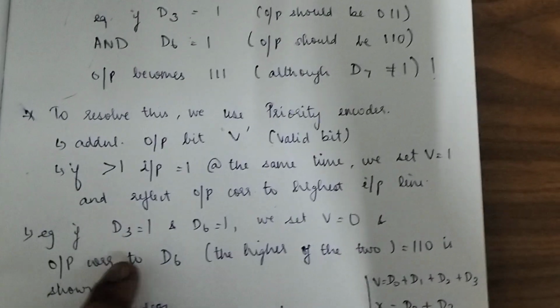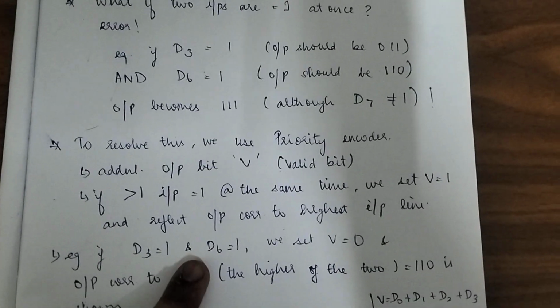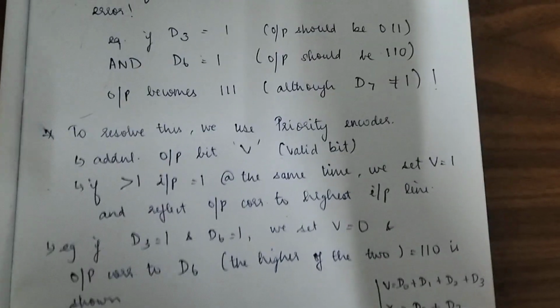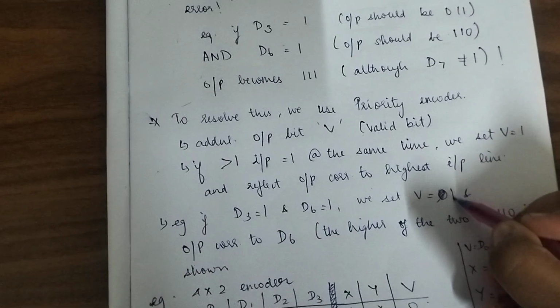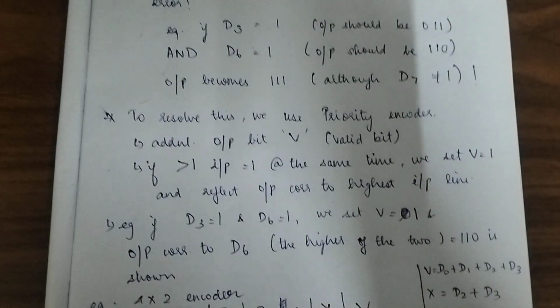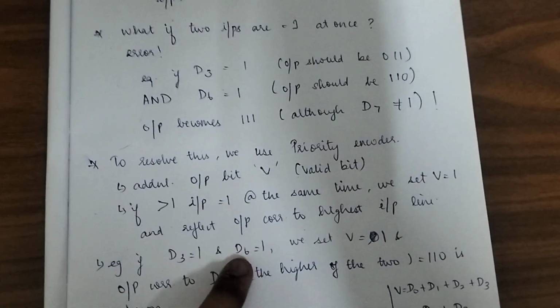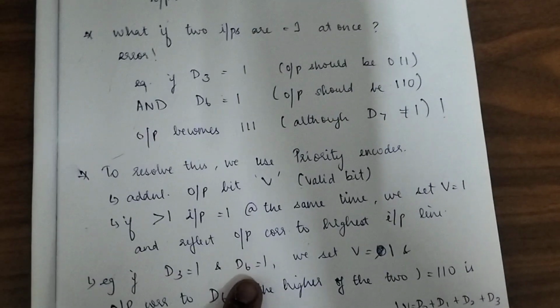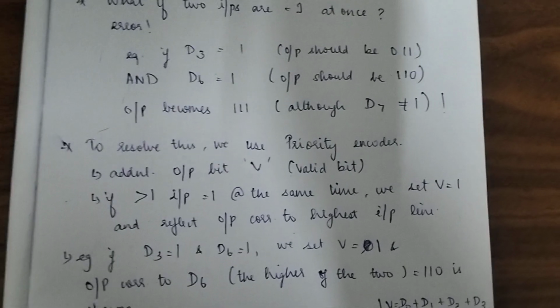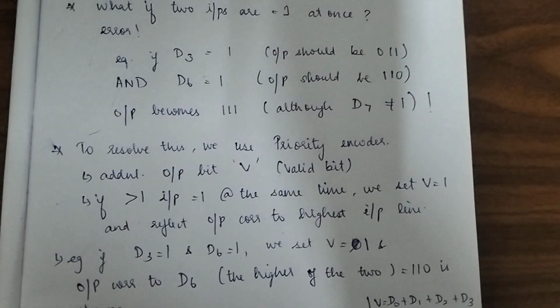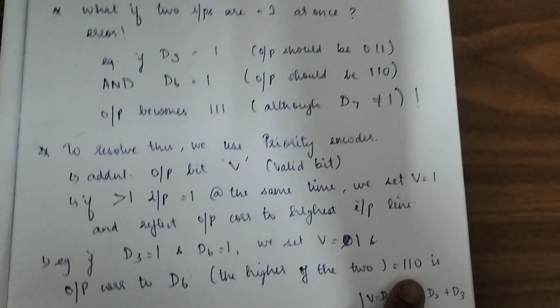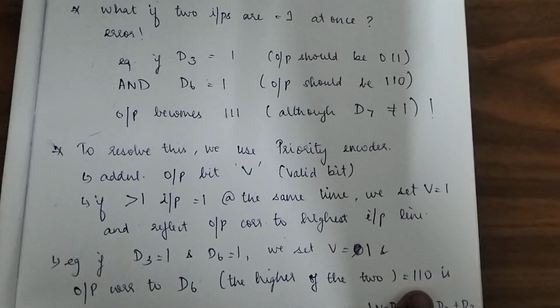Let's say like we saw earlier, D3 and D6 are both equal to 1. Then we set V equals 1, and then which of the 2 is higher? Between 3 and 6, we know 6 is higher. So we ignore the fact that D3 is high and we consider D6 and reflect the output corresponding to D6. That is what we do.